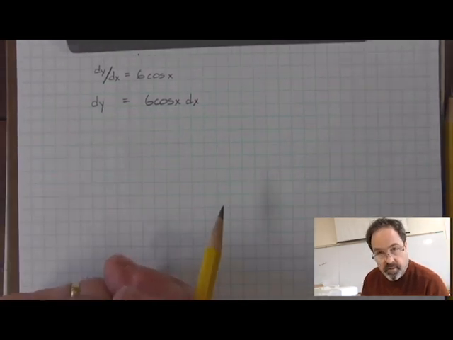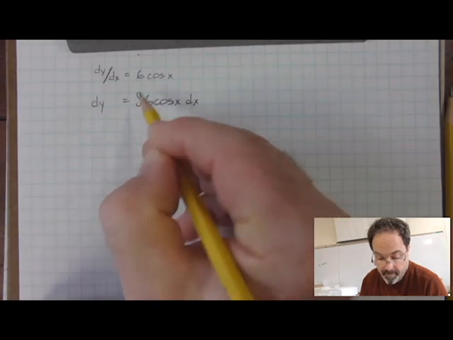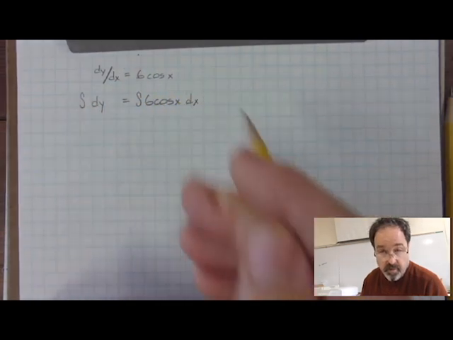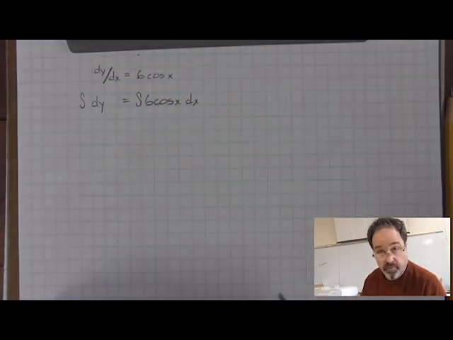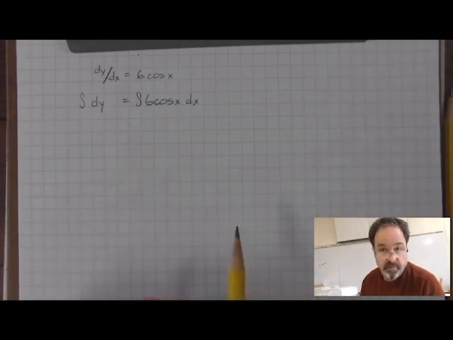And now I'm going to do something to both sides that we may not have seen before, or you may not have realized that it could be done, and that is use an integral as an operation. I'm going to integrate both sides. What I do to one side, I do to the other, and the operation I'm choosing to do is to integrate.